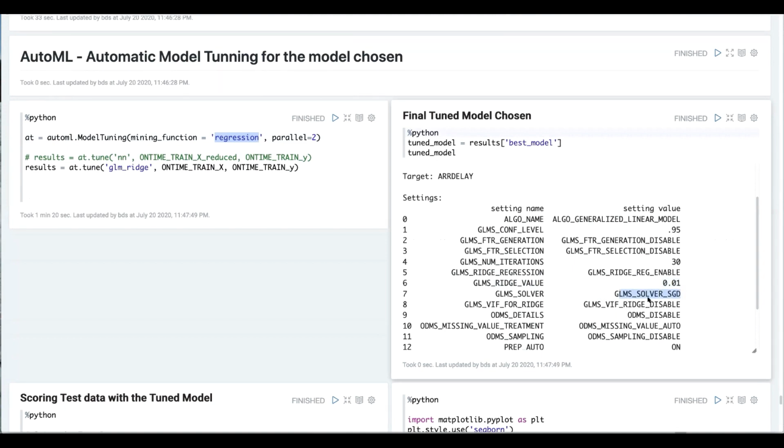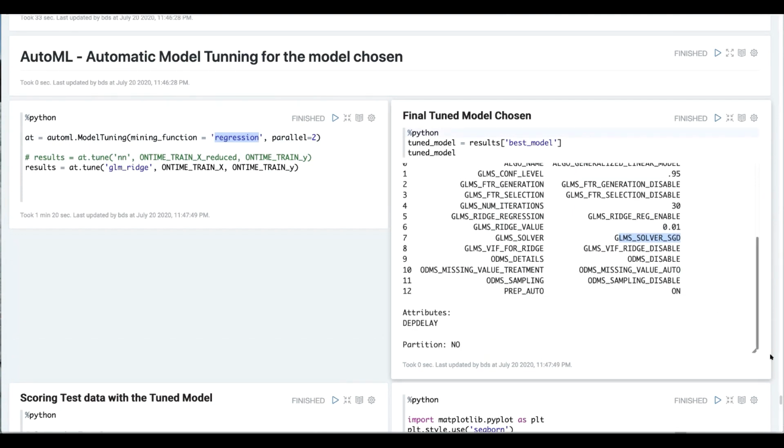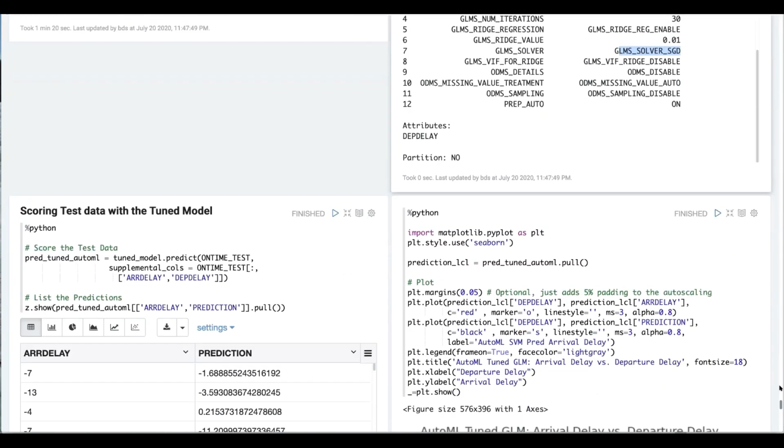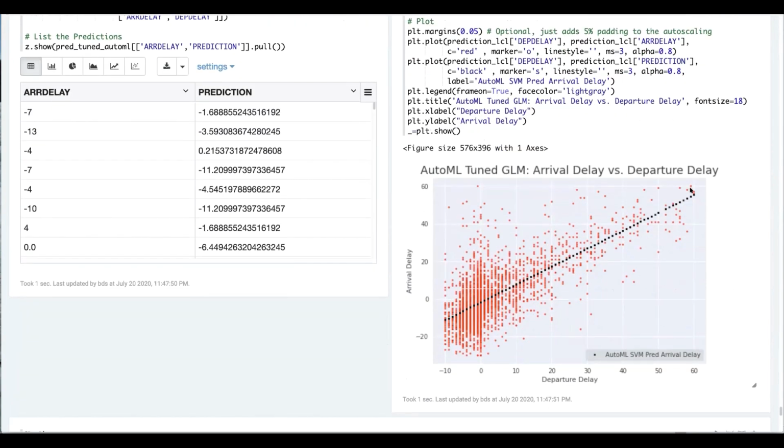It's going to identify all of these settings for me, the things that I've not chosen. And finally, we scored the tuned model, and we plot it here as well. So again, very similar to the other ones.